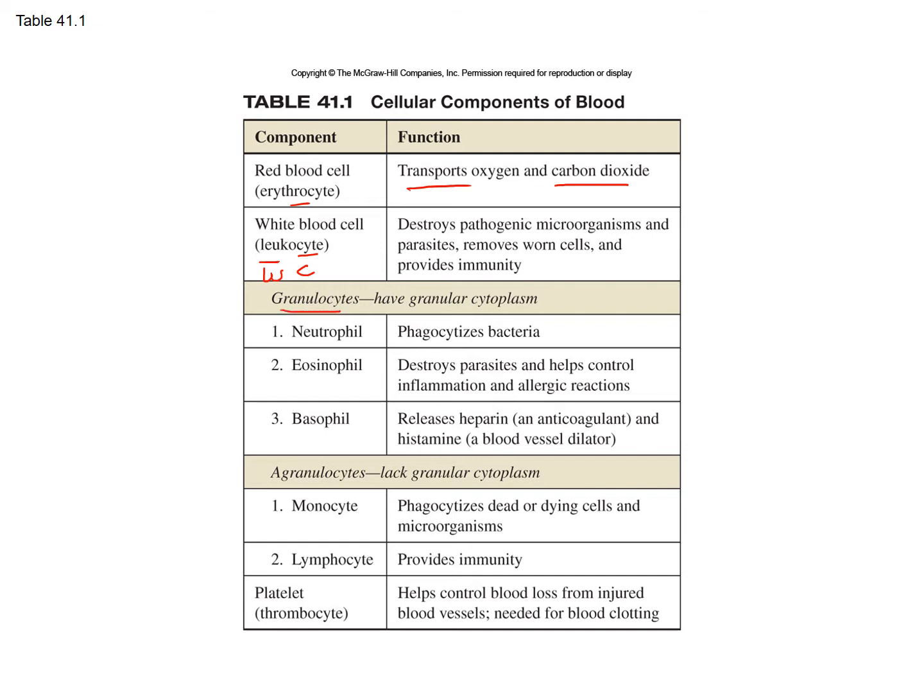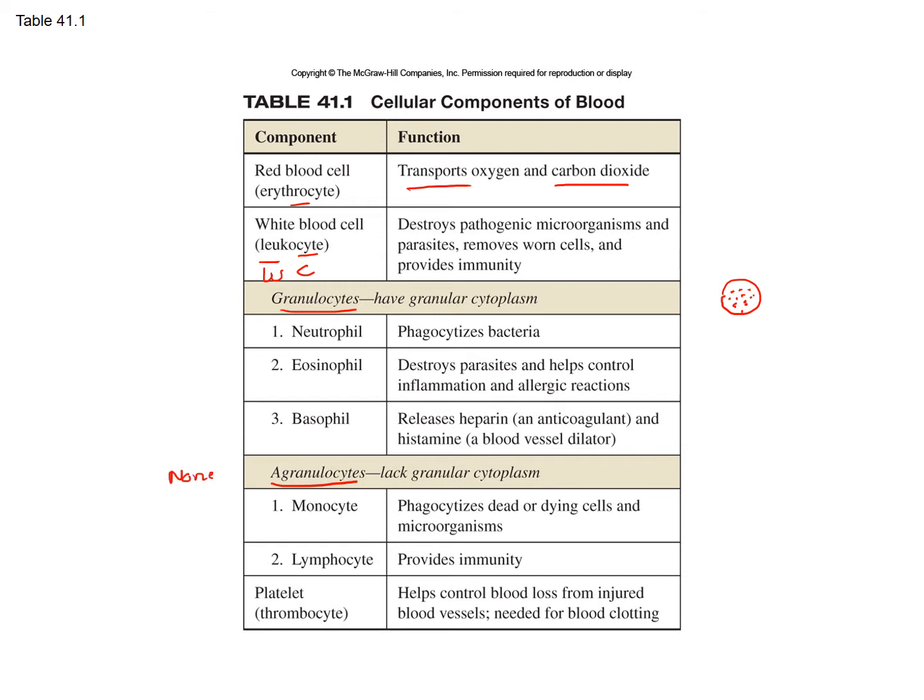The white blood cells have two major components. The first one is called granulocytes. Granulocytes means they have granules in the cytoplasm. So if this shape is the white blood cell, for example, in the cytoplasm you're going to find thick grains, like sand, inside.